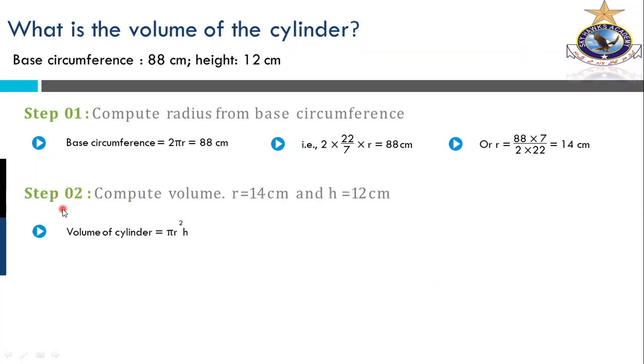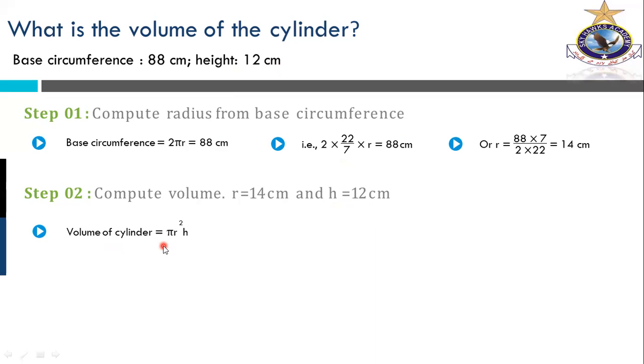Step 2, the second step, is to compute the volume. The r is 14. We have just calculated the radius, 14 centimeters, and the height is 12 centimeters, as given in the problem. The volume of the cylinder has the formula pi r squared h.